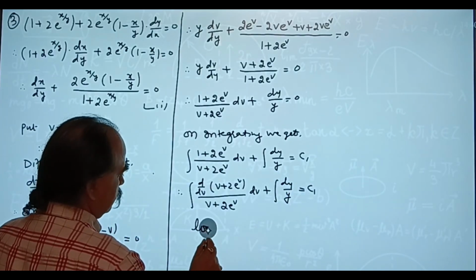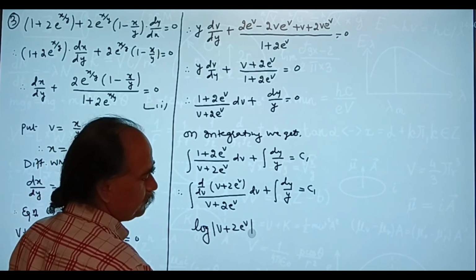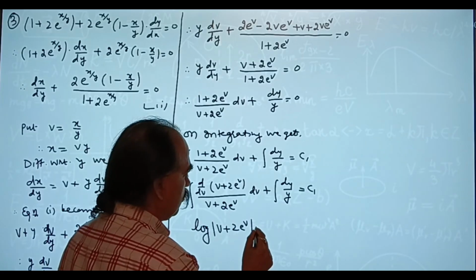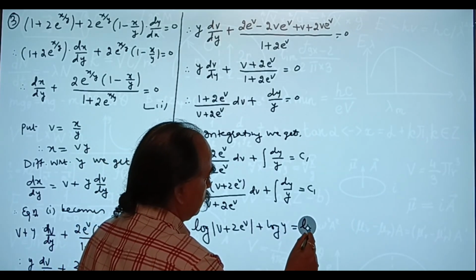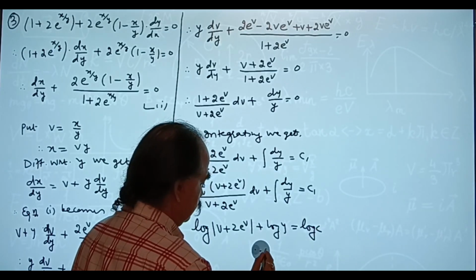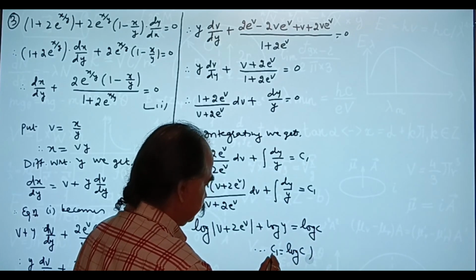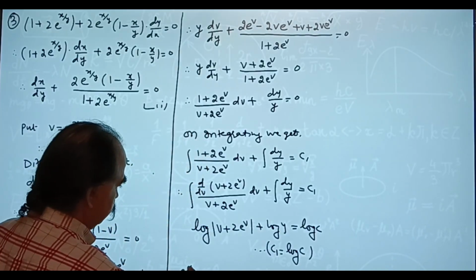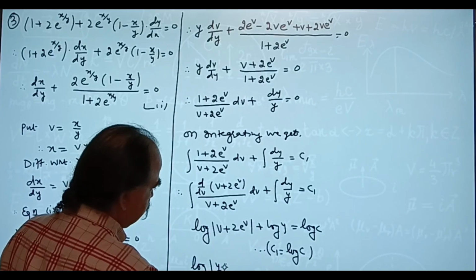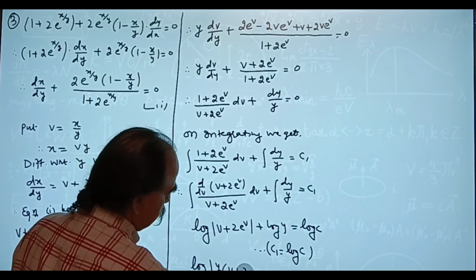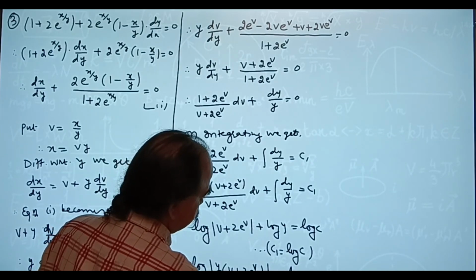This is log v plus 2 e raised to v plus log y is equal to log c. C1 is equal to log c is constant. Therefore, log y into v plus 2 e raised to v is equal to log c.